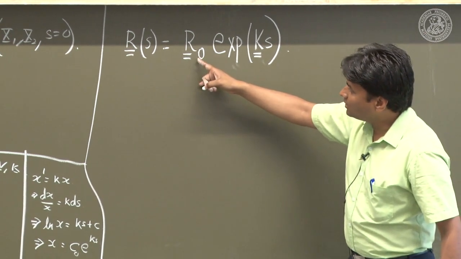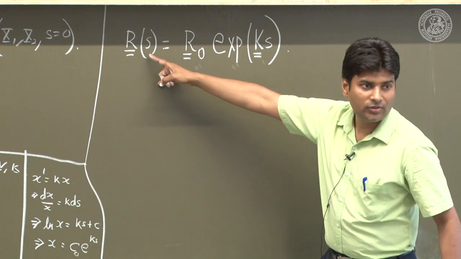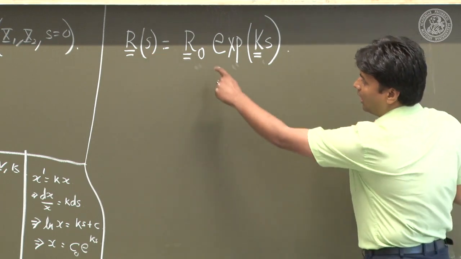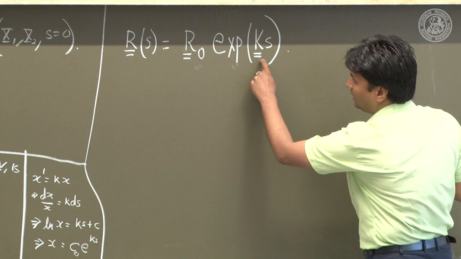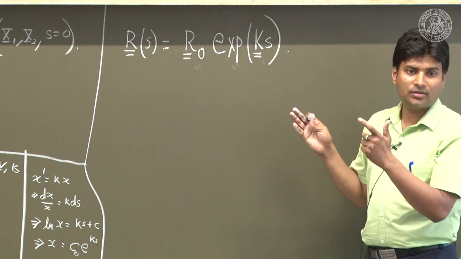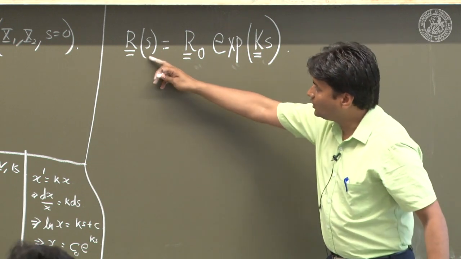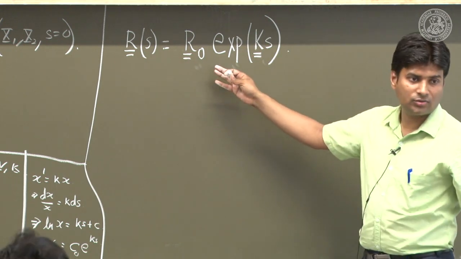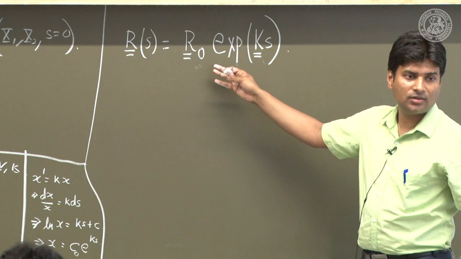When you evaluate this at S equal to 0, you see what you get. R naught into exponential of k times 0. So, exponential of 0 is identity. So, big R at 0 is equal to big R naught. So, that is how you get your constant.